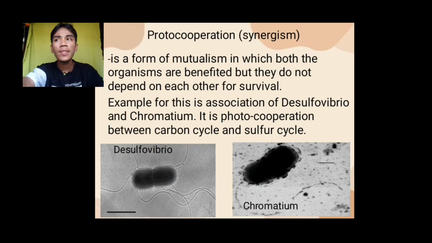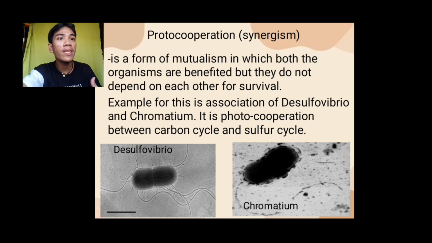The next one is the protocooperation or the synergism. It is a form of mutualism in which both of the organisms are benefited but they do not depend on each other for survival. Kumbaga, nakadepende sila sa isa't isa, oo.